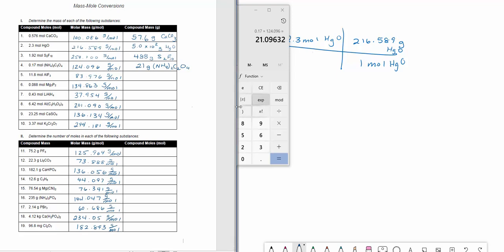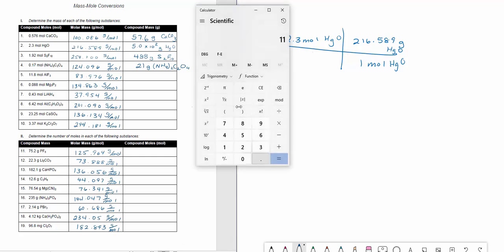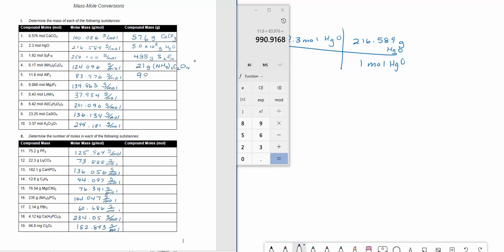Number 5, we have 11.8, and I'm going to multiply that by 83.976 to get 990 grams. Now I started with 3 significant digits. I end with 3 significant digits. Look, I have a 9 out here, so I can round that to 991 grams of my compound.